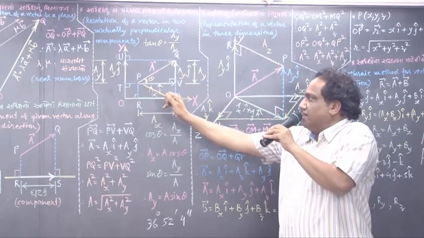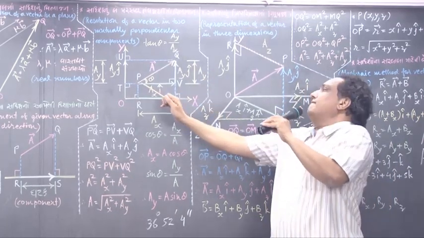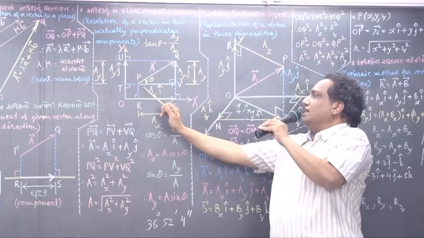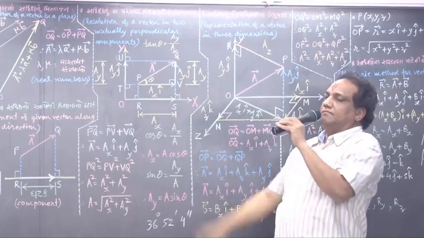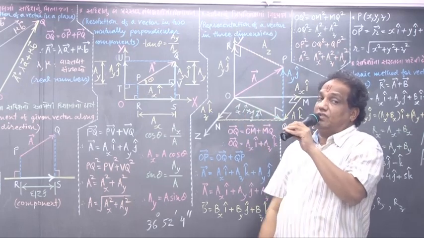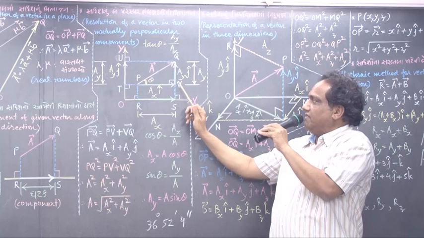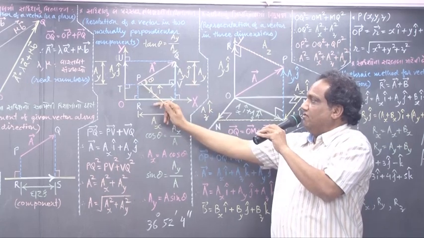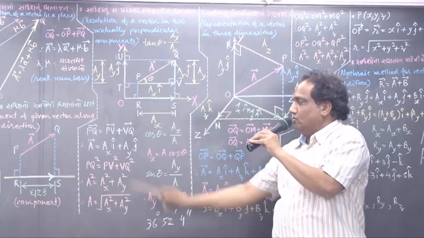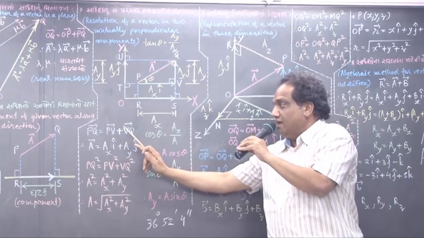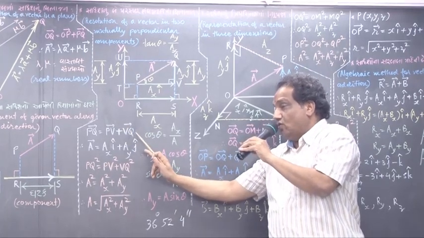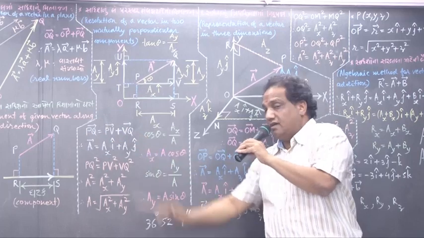Now tell me, this vector plus this vector will make this vector. Speaking in terms of the triangle, vector PV plus vector VQ will give you vector PQ.